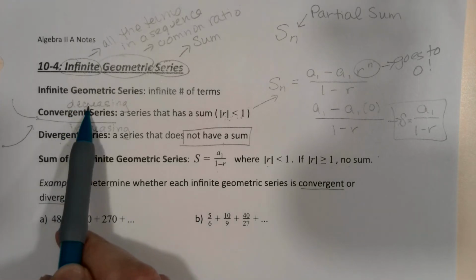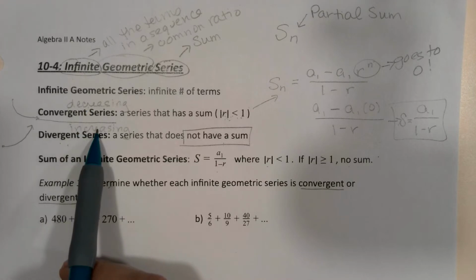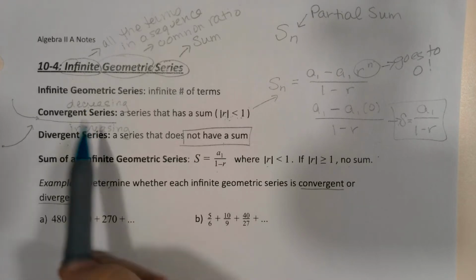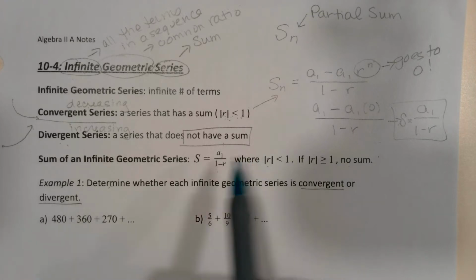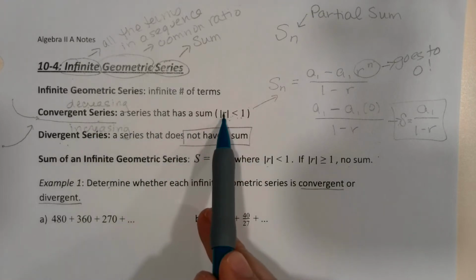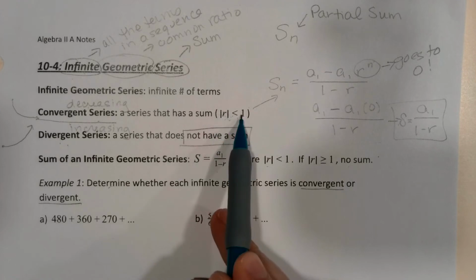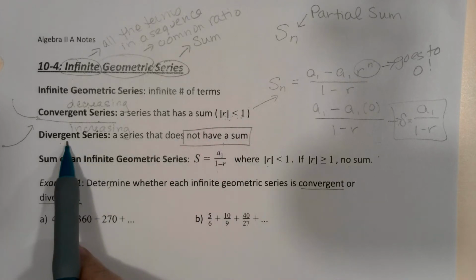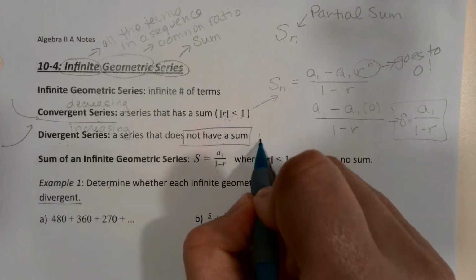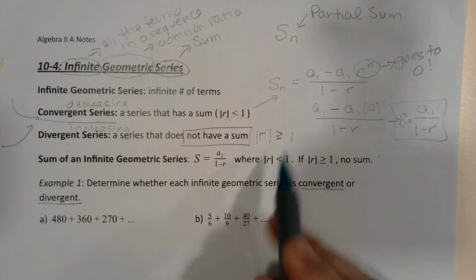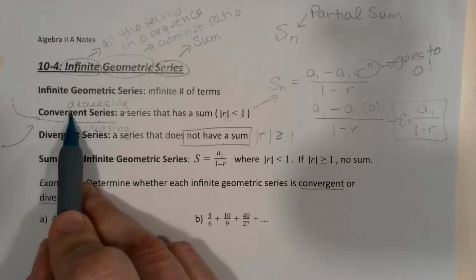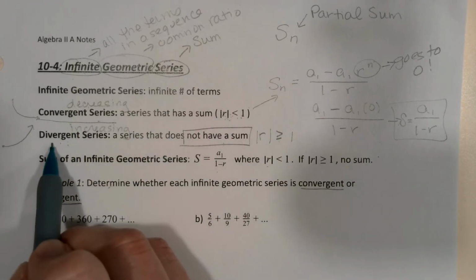First of all, we'll know whether the sequence is decreasing or increasing, and we will find the common ratio. A convergent series has a ratio that's less than 1. A divergent series has a ratio greater than or equal to 1. So if your ratio is in this group, you'll say convergent. If it's in this group, you'll say divergent.